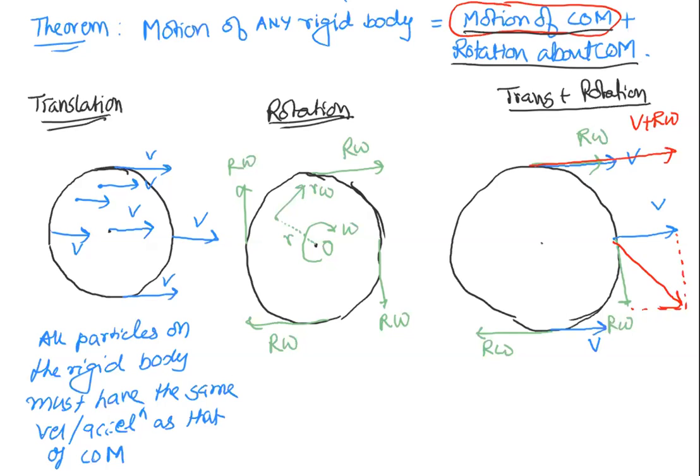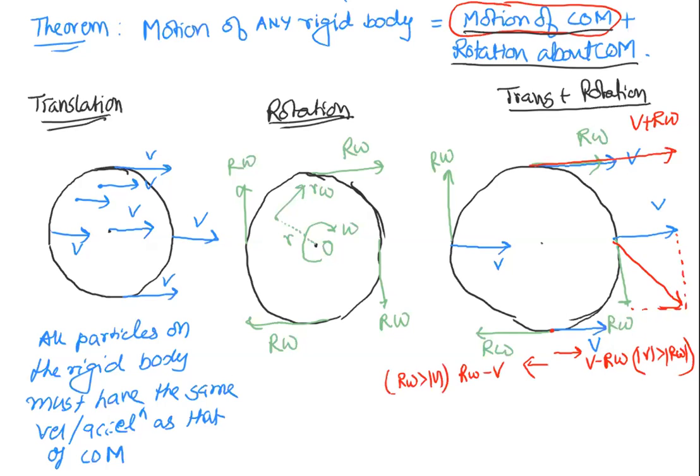What about this point? Its velocity due to translation is like this, and velocity due to rotation is like this, and therefore the bottom one, I haven't drawn it, sorry. So the velocity of the bottom point can be like this, v minus r omega, if mod of v is greater than mod of r omega, and it can be like this, r omega minus v, when r omega is greater than mod of v.